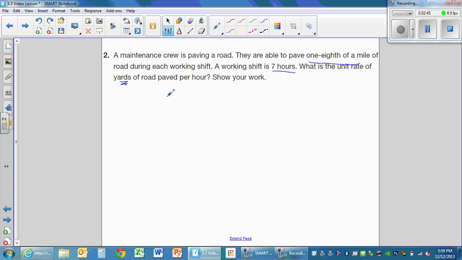Well, I know that a mile equals 5,280 feet. And I'm changing it to feet because I know that there are 3 feet in 1 yard.